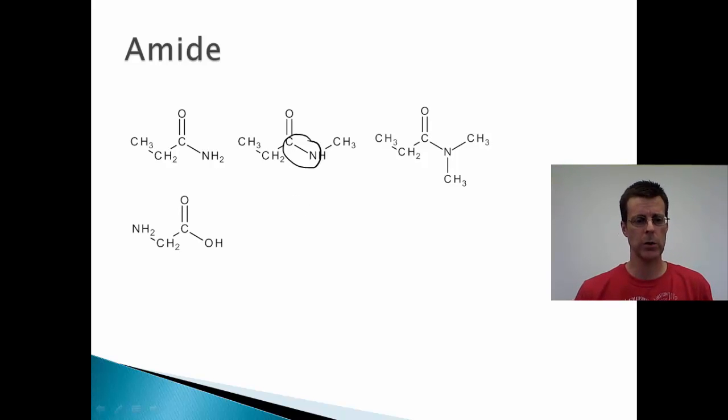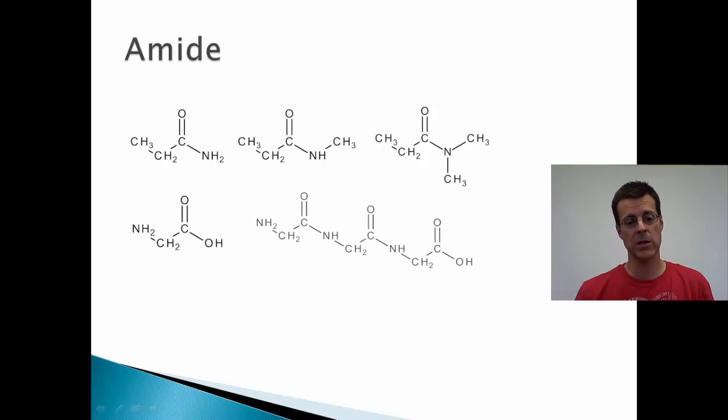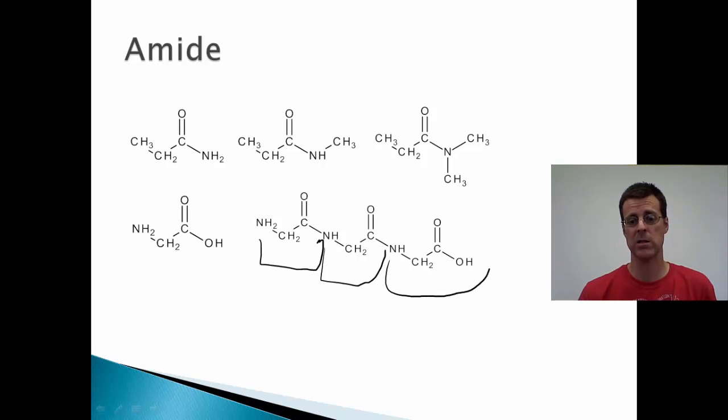If you look at this, where I have an amine group on one side and an acid group on the other side, in biology that is called an amino acid. Once I start linking several amino acids together, here is one, here's where the next one starts, and here's where the next one starts, and this one still has the OH group.